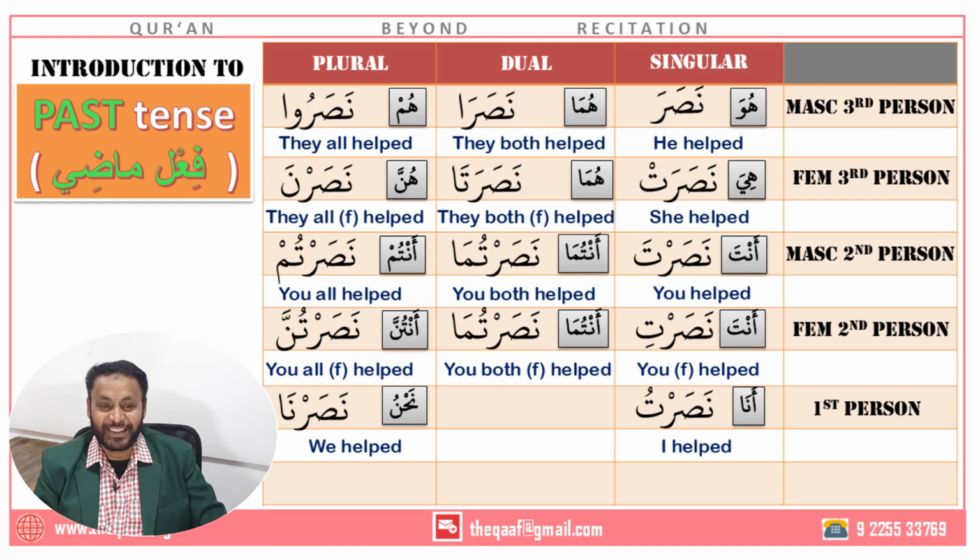Now take a pause before you guess the next word. These 5 words will always be in this format: nasara, nasara, nasaru, nasarat, nasarata. And how did we recall them? We took the base word, added a, made it dual. We took the base word, added wow, plural. We took the base word, added ta, female. To the ta, we added alif, made it dual.